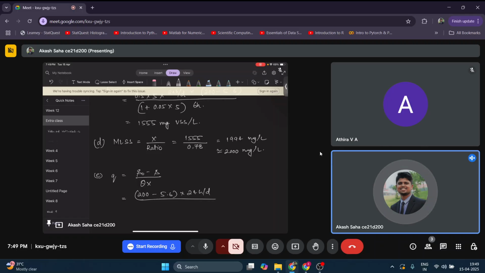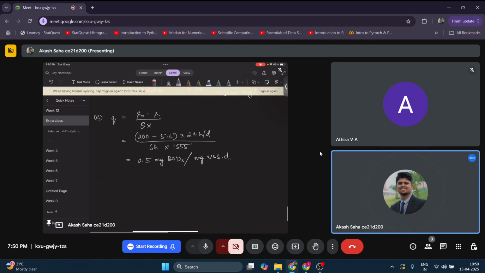I'm just changing hours into days because the theta given is 6 hours, into 1,555. So you will get 0.5 milligram of BOD per milligram of VSS per day. This will be the utilization rate.